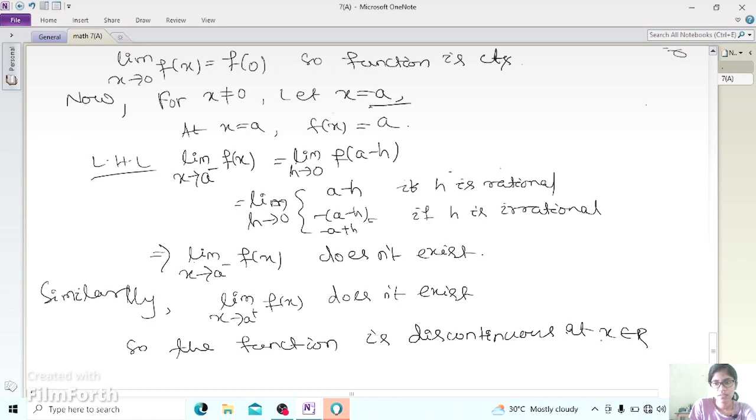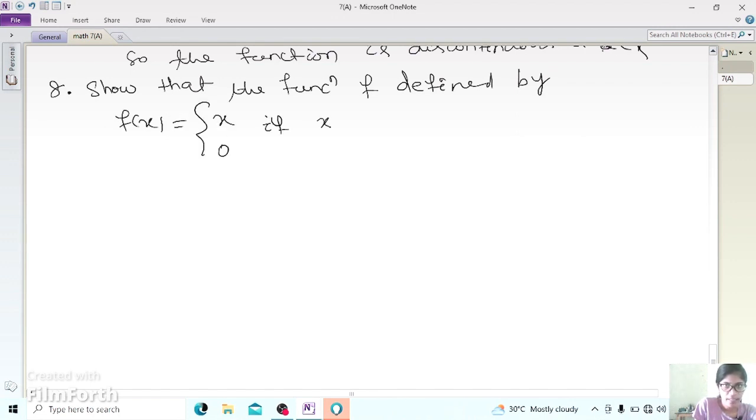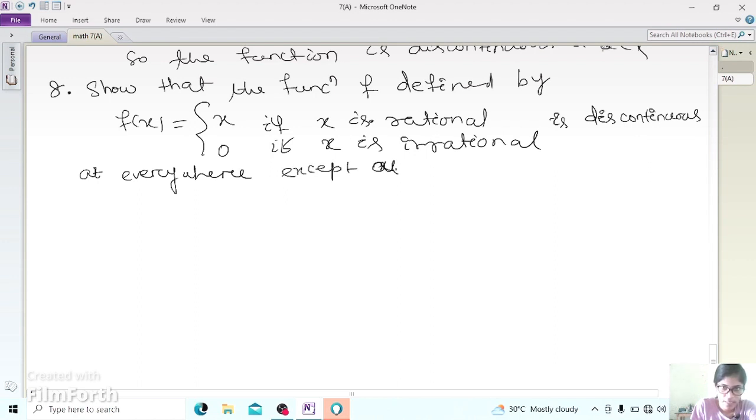And x belongs to R. Number 8: the function f defined by f of x is equal to x and 0, x if x is rational and 0 if x is irrational, is discontinuous everywhere except at x equal to 0.